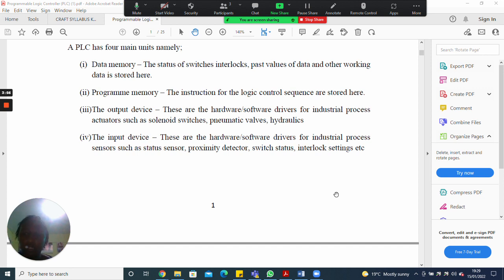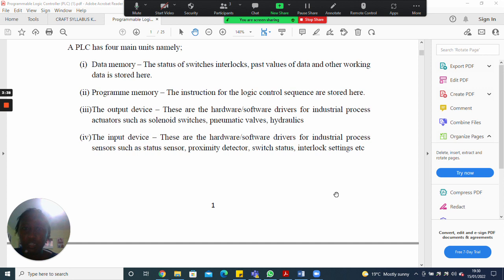The data memory is used to store the status of switches, past values of data, and other working data. The program memory, on the other hand, is used to store the instructions which will run the task that you want to automate.